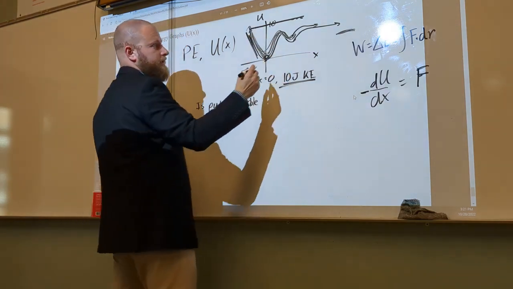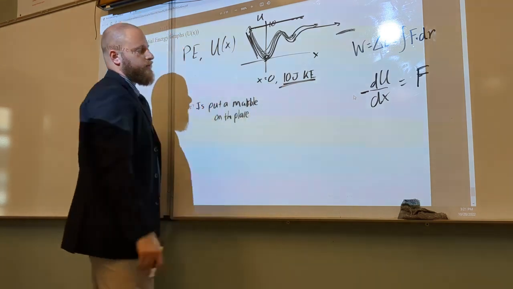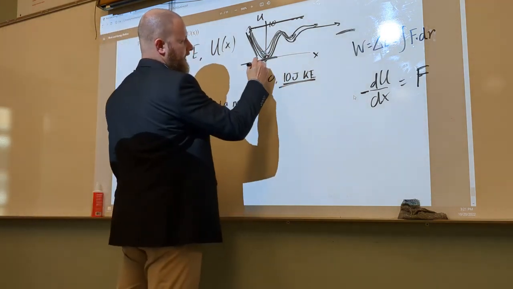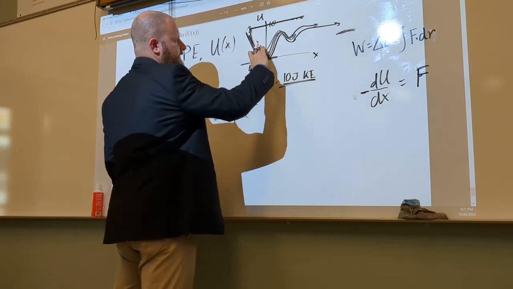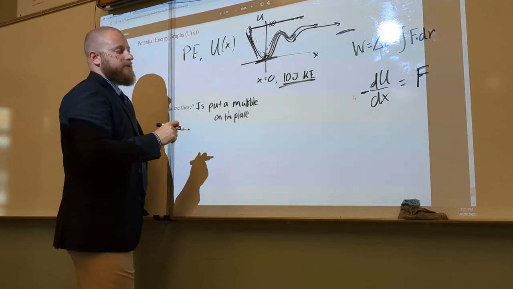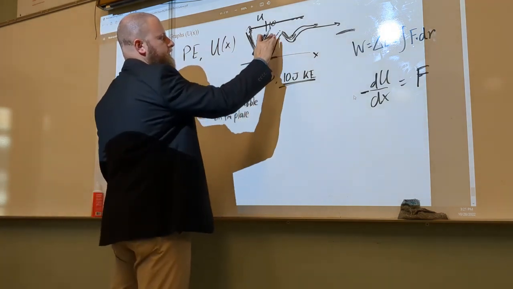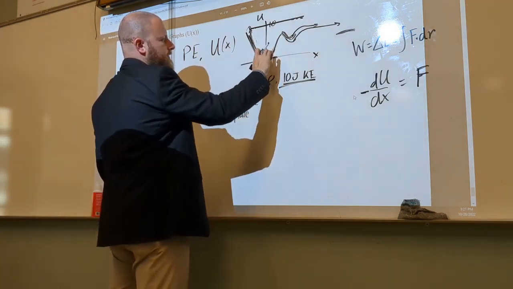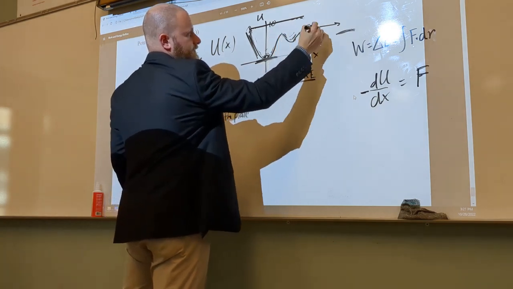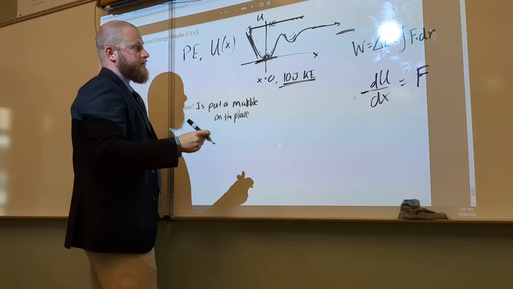So you can see your slope at different points, and that will tell you something about the force. For example, the force at this bottom point here, at the bottom of that parabola, is what? 0. I know it's 0 because the slope is 0. And so you can also find equilibrium points. This would be an equilibrium point because the force is 0.